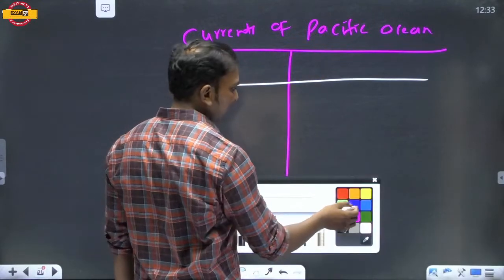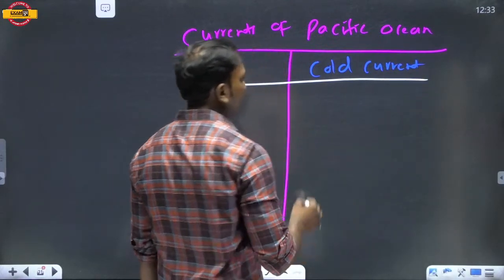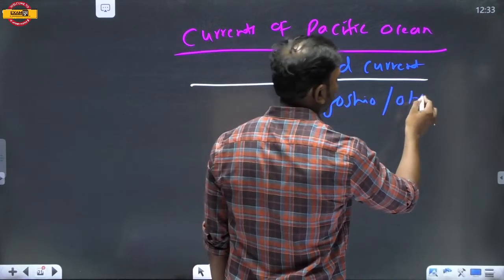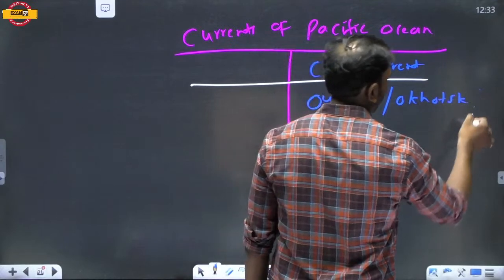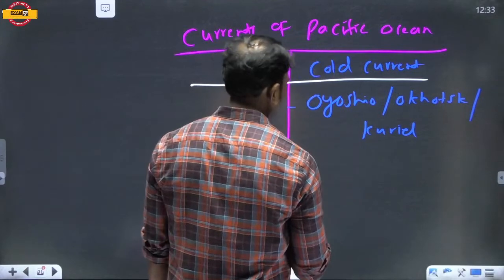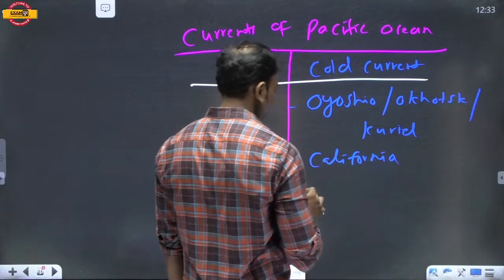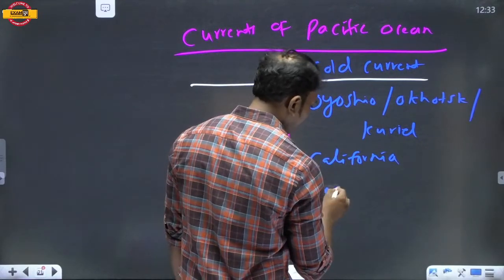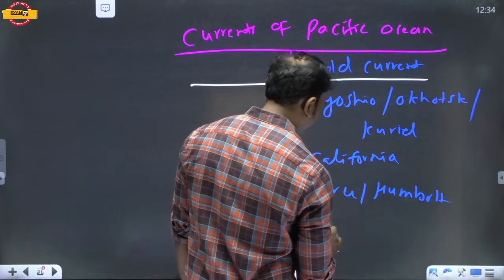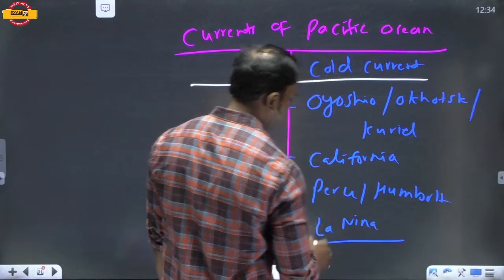The cold currents are the Oyashio, also called the Okhotsk and the Kurile, then the California, then the Peru or Humboldt, and the exceptional La Nina.